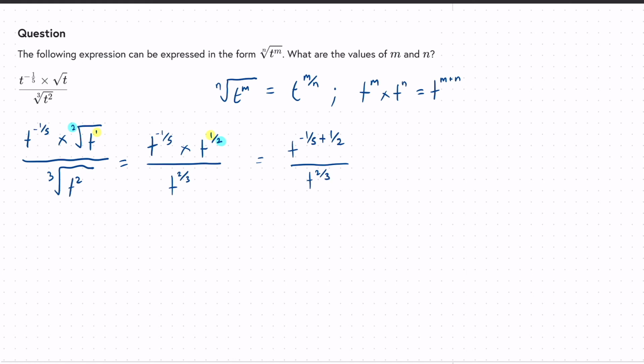Well, what does that become? Well, negative 1/5 plus 1/2. I can simplify that, give it the same denominator, which is going to be 10. So that becomes negative 2 over 10 plus 5 over 10. And that becomes 3 over 10. Negative 2 plus 5 is 3.